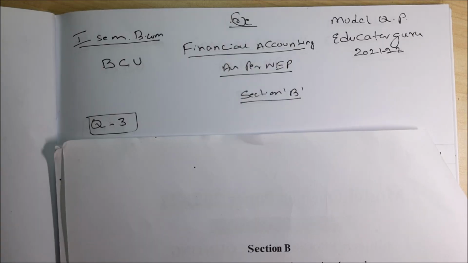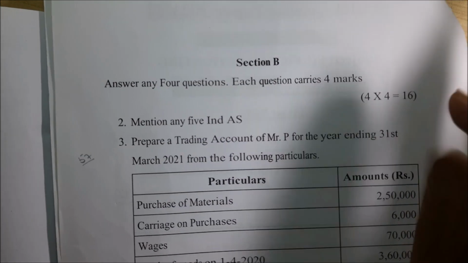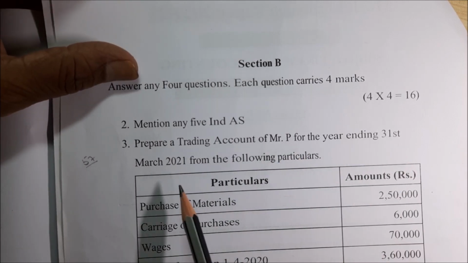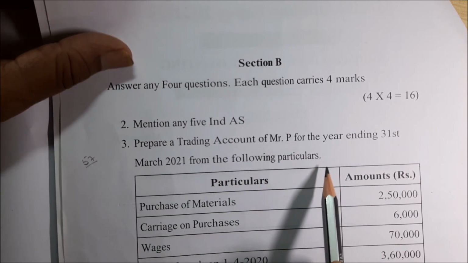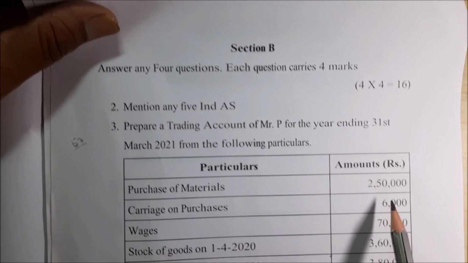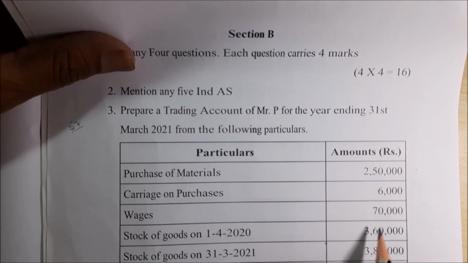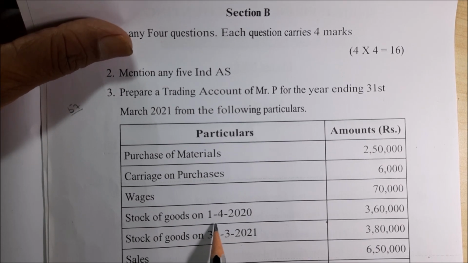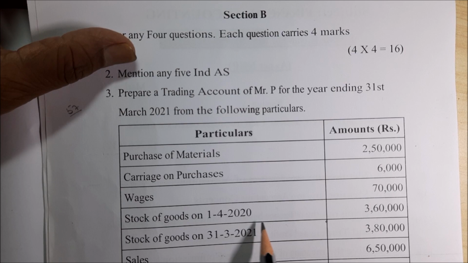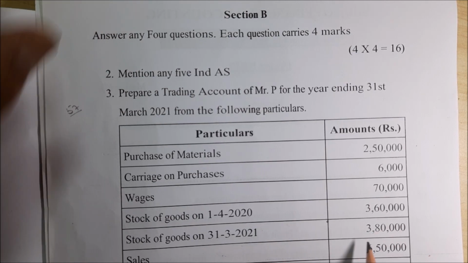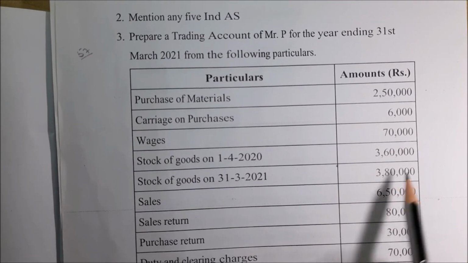Now, problem number 3 in section B. Prepare a trading account of Mr. P for the year ending 31st March 2021 from the following particulars. Purchase of materials 2,50,000, carriage on purchases 6,000, wages 70,000, stock of goods on 1/4/2020, the opening stock, 3,60,000, stock of goods on 31/3/2021, the closing stock.